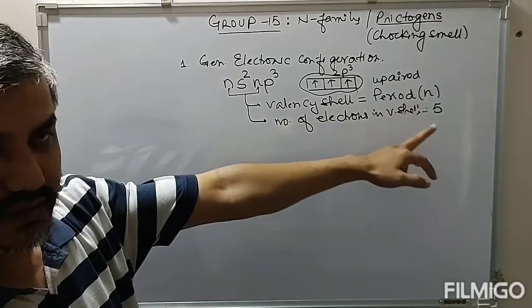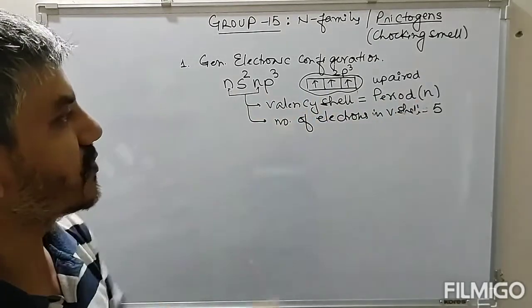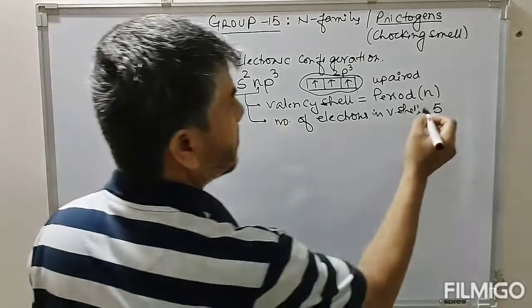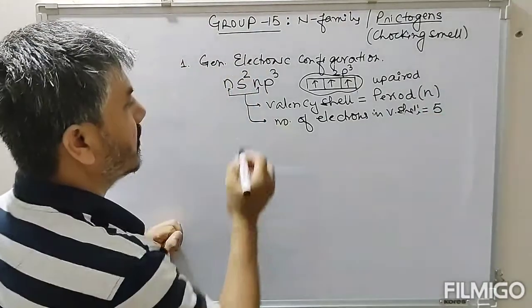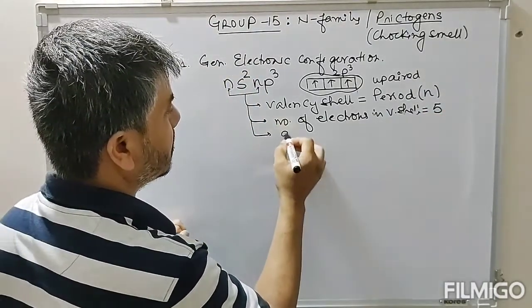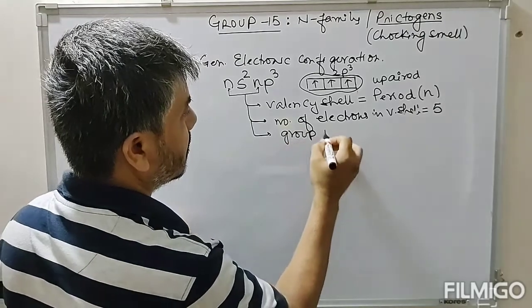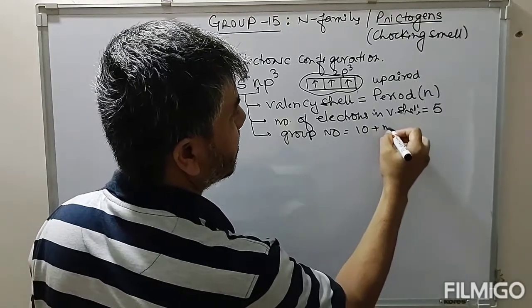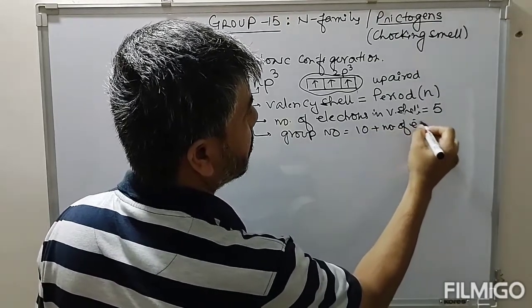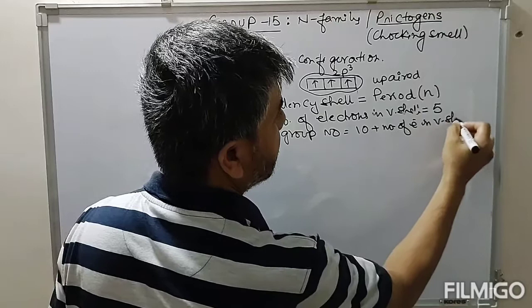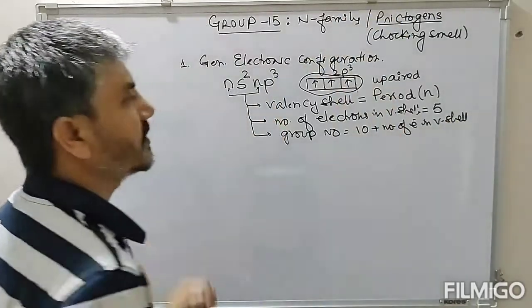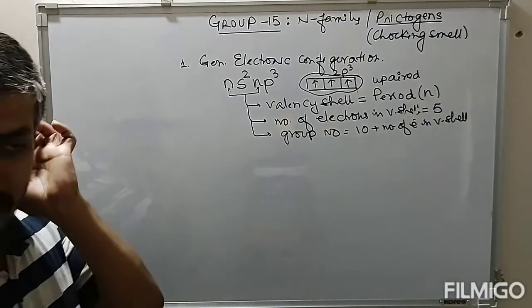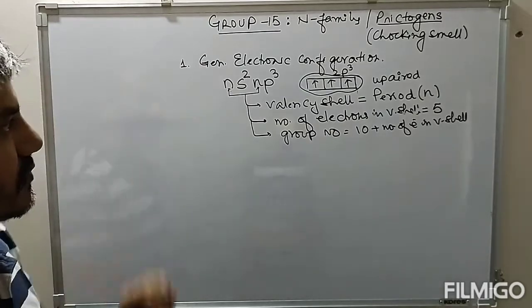Valence shell is n, number of electrons in the valence shell is 5, and the group number is equal to 10 plus the number of electrons in the valence shell, that is 5. So this is group 15. So we have this electronic configuration.